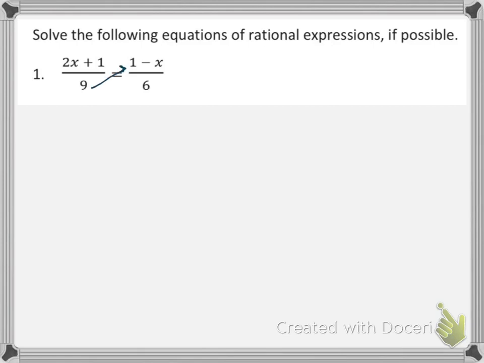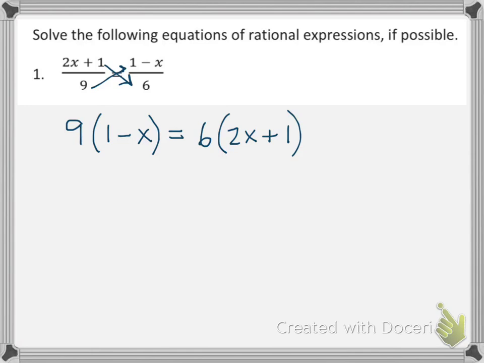So I'm going to say that 9 times the quantity 1 minus x is equal to 6 times the quantity 2x plus 1. Now I've cleared the denominators essentially by multiplying by the reciprocal, but this is a quicker way to do that. Then I can start using the distributive property and so forth to solve the equation.